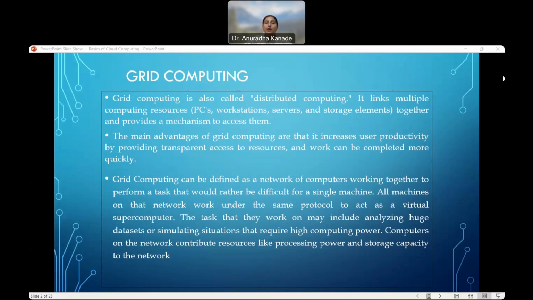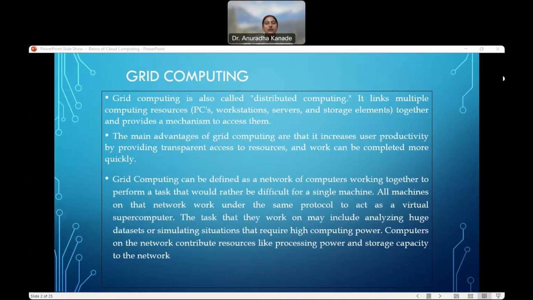The main advantage of grid computing is to increase the productivity by providing transparent access to the resources, and work can be completed more quickly because the resources are shared and they can be availed by the organizations which are connected to each other. So grid computing can be defined as the network of computers working together to perform the same task.